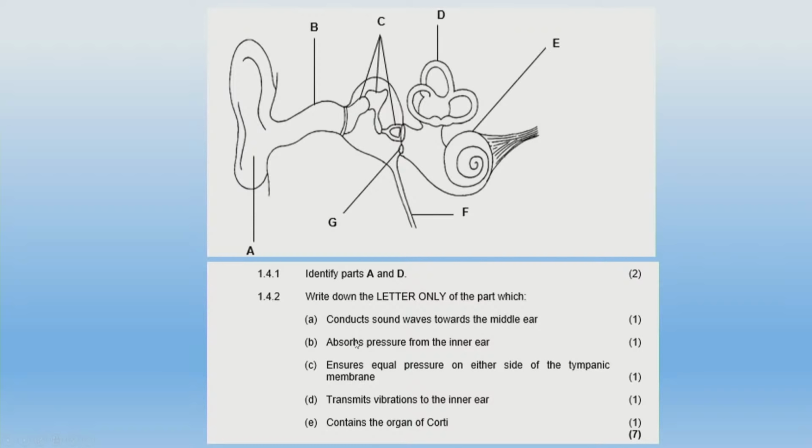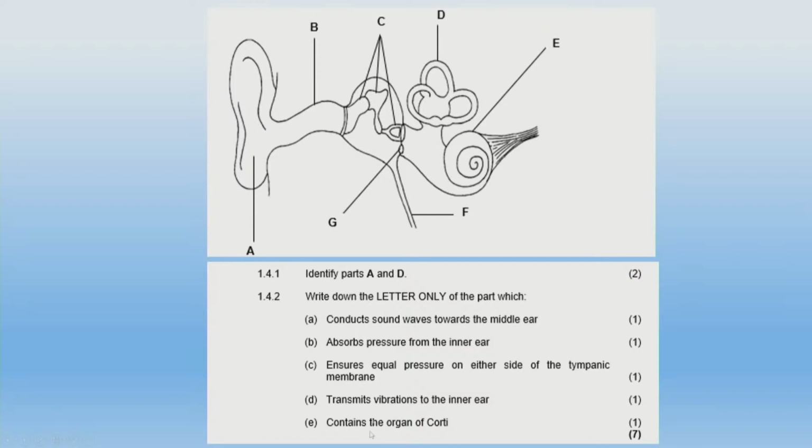And then number B absorbs pressure from the inner ear. The part that absorbs pressure from the inner ear, you still remember that is part number G, which is the round window. And then ensures equal pressure on either side of the tympanic membrane, that is part number F, which is Eustachian tube.